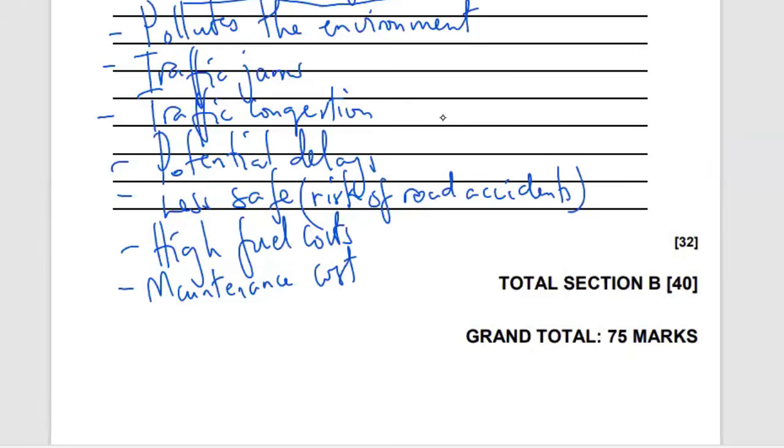So it's also costly to use road transport, mainly for the road authority. They incur relatively high costs to maintain the roads and also to maintain, for example, traffic lights, to ensure that they are fully functional and facilitate an efficient flow of traffic.